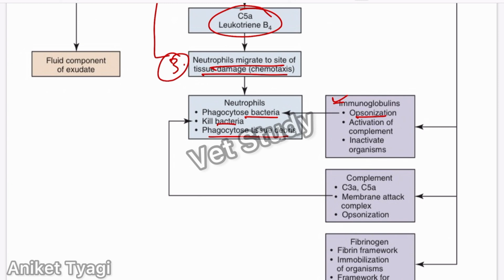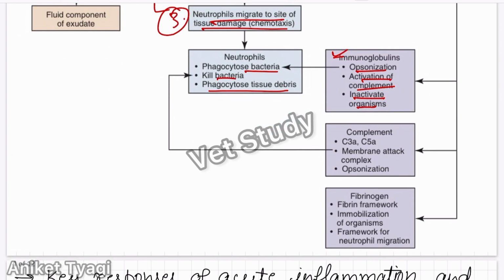You will read this in detail in immunology. So opsonization is nothing but making the antigen more palatable for phagocytosis. And there will be activation of complement protein, there will be inactivation of the organism, and there will be activation of complement components. So there is a cascade of proteins in the complement. We will discuss this in a separate video, right?